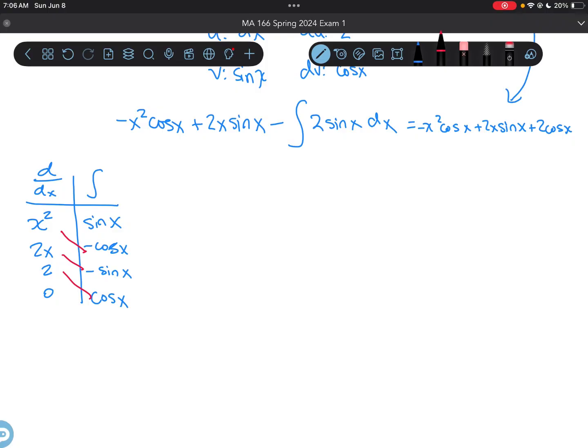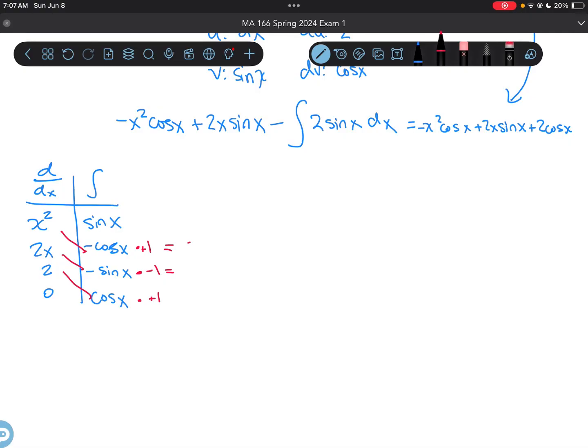I multiply the first product times positive 1, then I multiply by negative 1, and then positive 1. So you multiply like this, and you start off with positive 1 and then just alternate negative 1, positive 1. This method could go on super long if it wanted, and you just keep alternating negative 1, positive 1, and keep going.